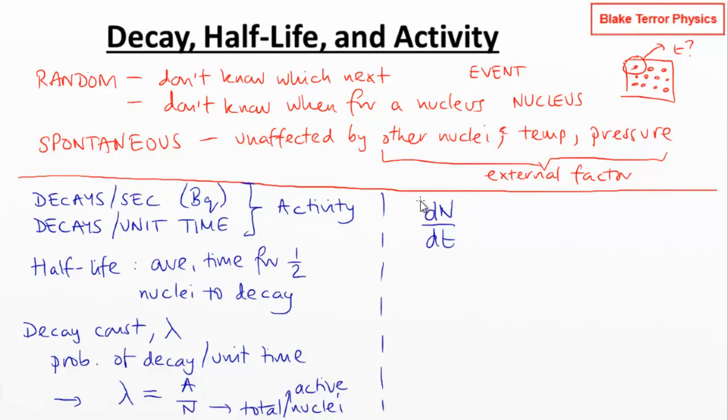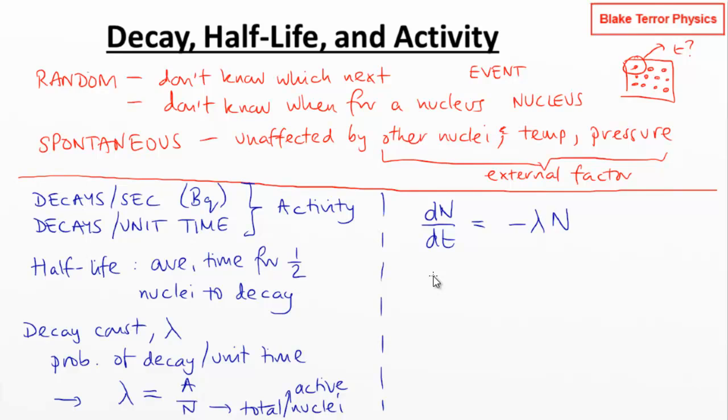So if this is our rate of change of active nuclei, that is going to be equal to the number of nuclei that we've got, our total number of active nuclei, multiplied by the probability that each one of them will decay. That gives us the change in the number of active nuclei, and we'll put in a minus sign because this is decreasing.